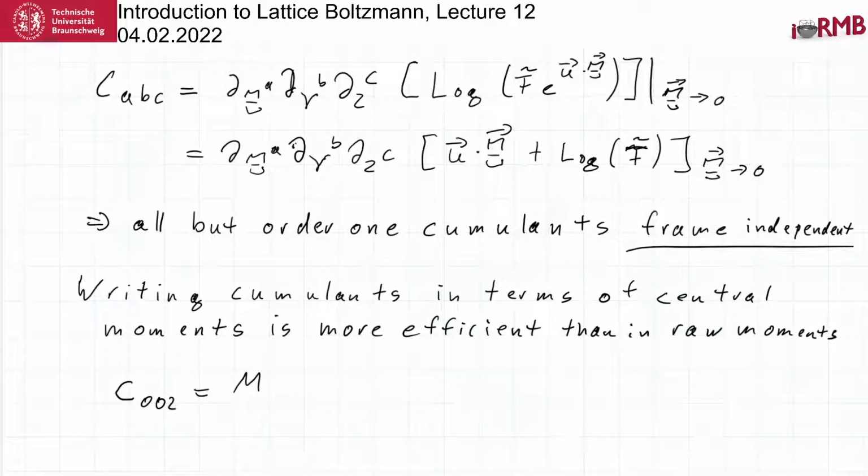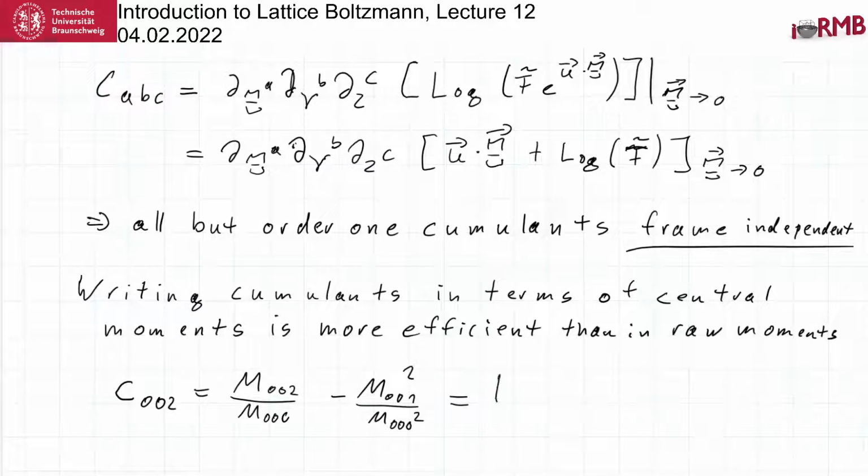So the cumulant C002 is M002 divided by M000 minus M001 squared divided by M000 squared.